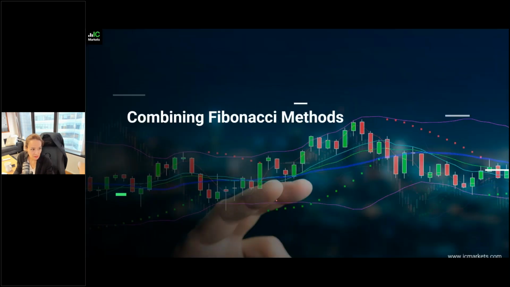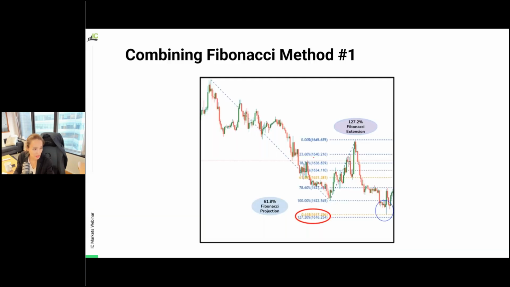Okay, so combining Fibonacci methods, I will just show you guys here. For example, method 1. This is your starting point. This is your ending point. This is a downtrend. On a downtrend, your starting point is here, so you pull your Fibonacci. Okay, and then you can see that when you put it like this, this is 61.8% projection.